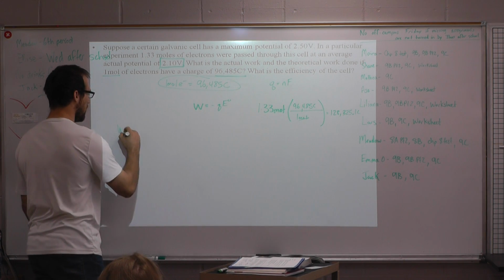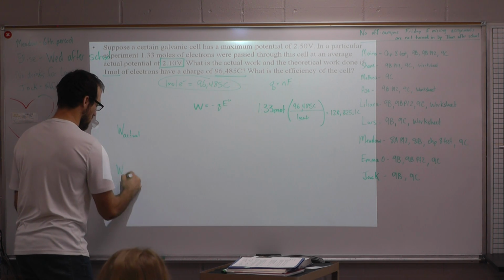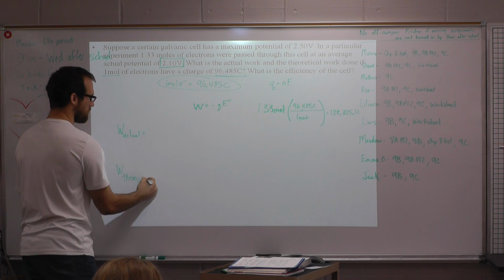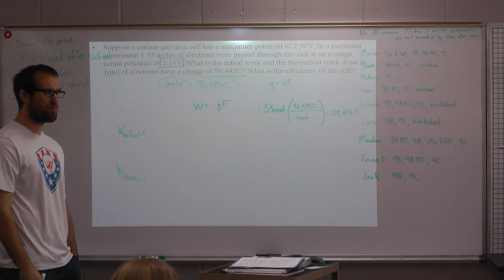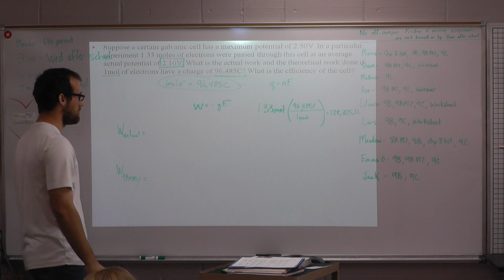Now we're going to do work actual and work theory. Okay, we know the charge is going to be the same in both situations. We're just going to have a different potential difference, or cell potential.